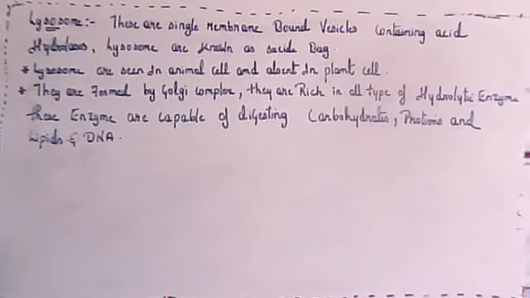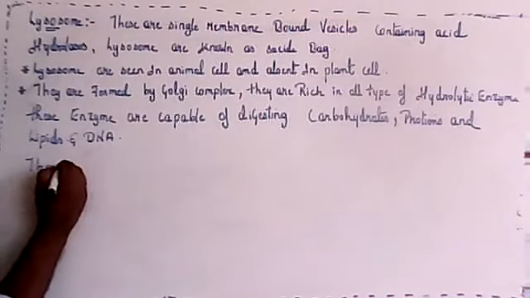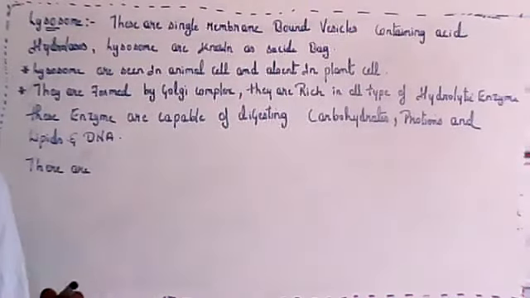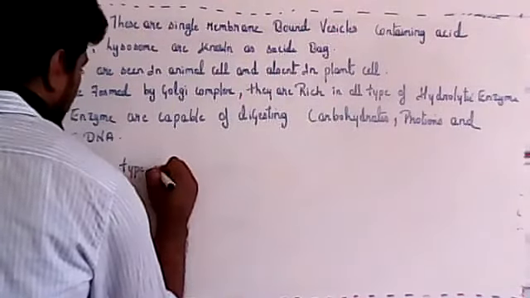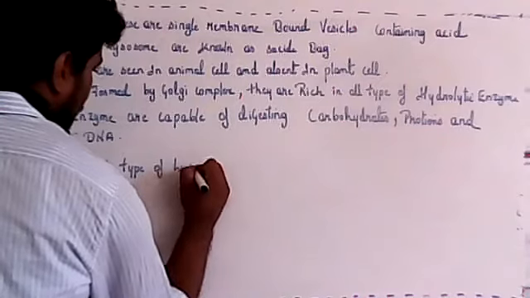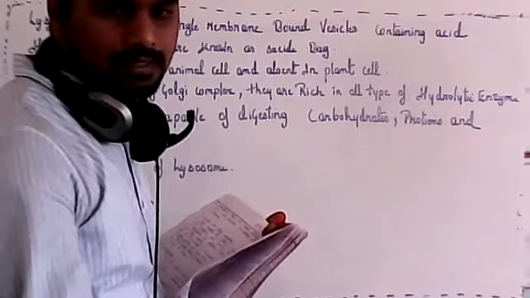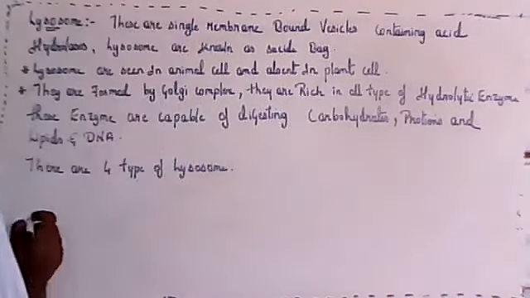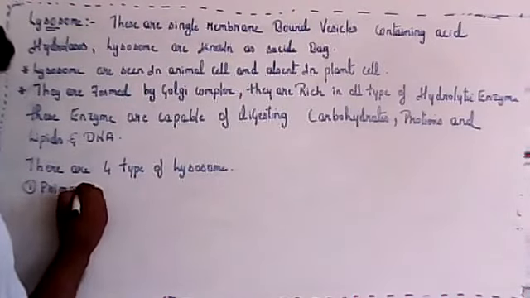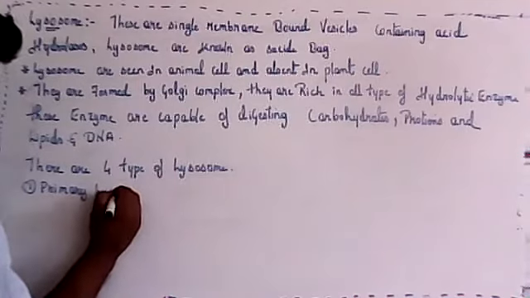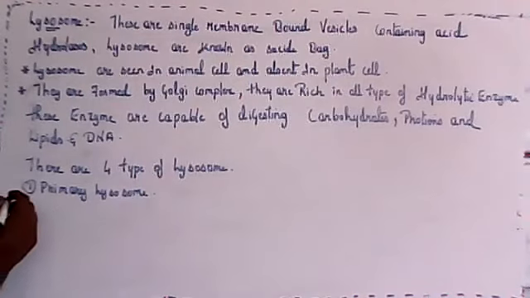Okay, so there are four types of lysosome. The first one is primary lysosome. The second one is secondary lysosome.